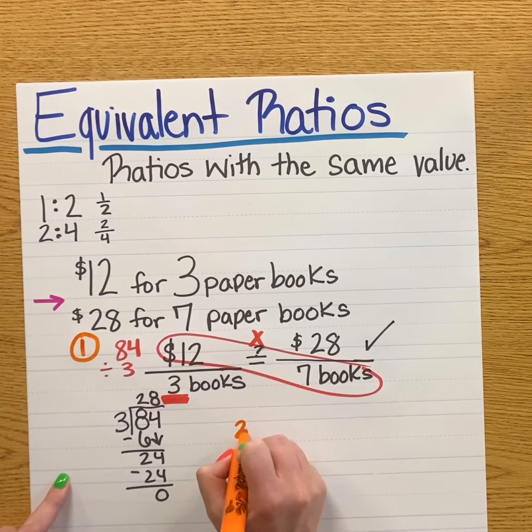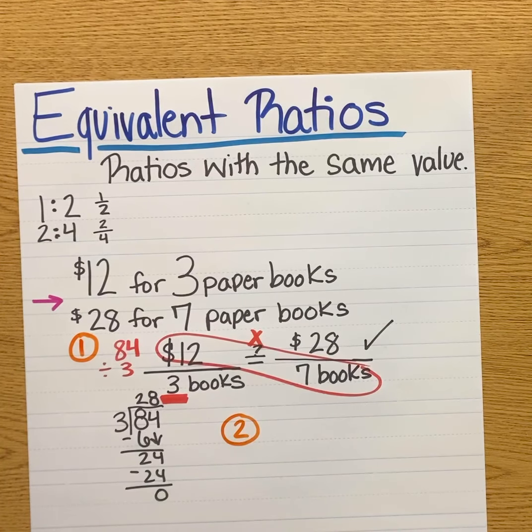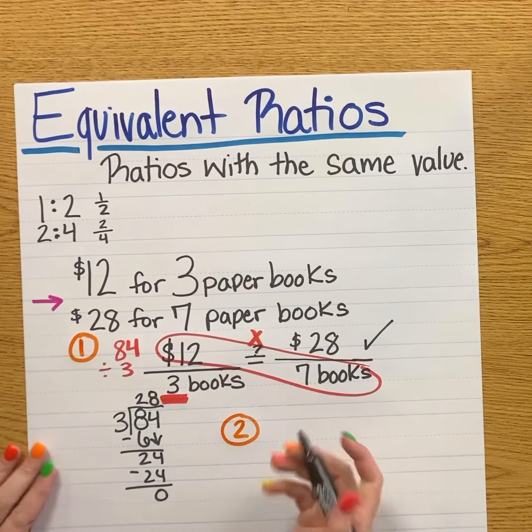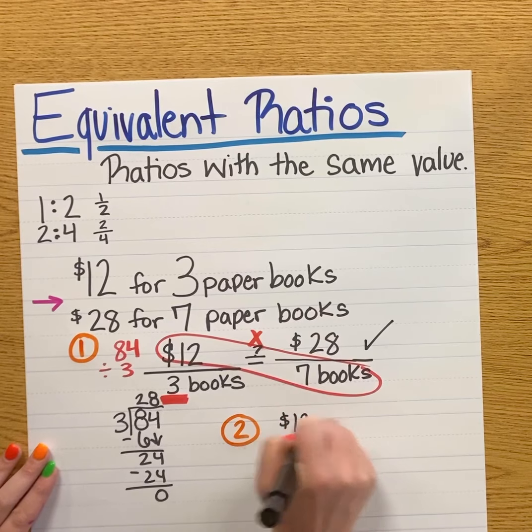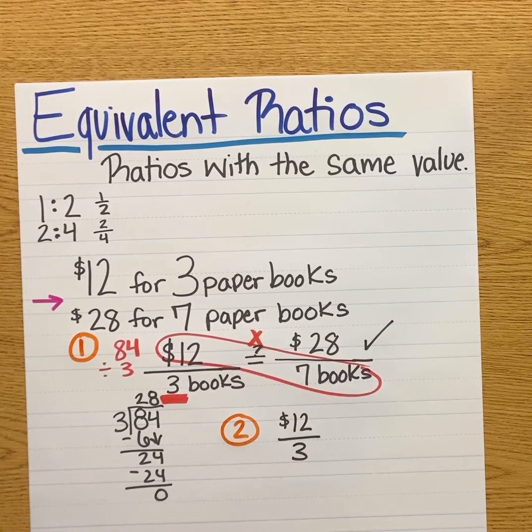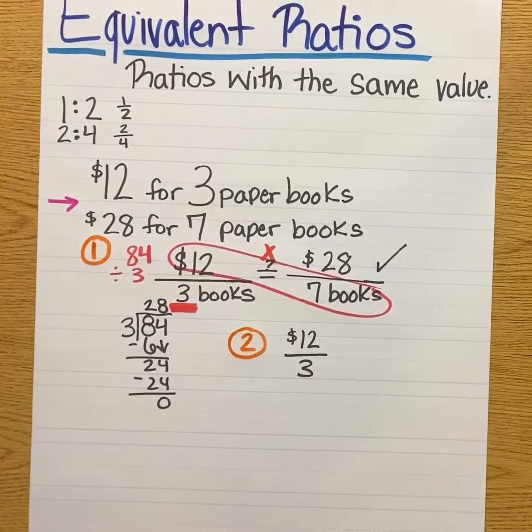Now, another way I could have solved it is I could have simplified my fractions. So when I had the $12 over 3, remember we simplify fractions by dividing by our greatest common factor. I know my GCF of these two numbers is 3. Divide by 3, divide by 3, and I would get $4 per book. $4 for one book. Then I'm going to do the same thing with my second.